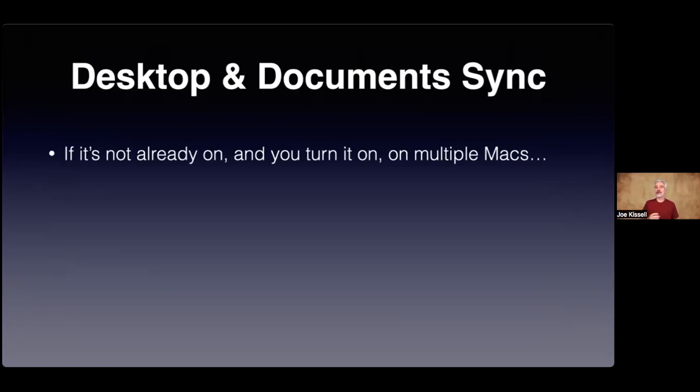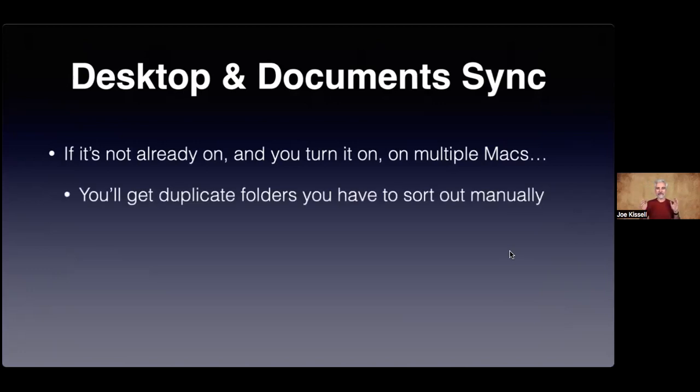It will seem like it's just the same to you, and it will be. The problem comes in if you have two or more Macs. So let's say this Desktop and Documents syncing feature is not on yet, and you turn it on on multiple Macs. What's going to happen? Well, first of all, in iCloud Drive, you will see Desktop Mac A, Desktop Mac B, Documents Mac A, Documents Mac B. So each of those Macs' Desktop and Documents folders are syncing independently to iCloud Drive.